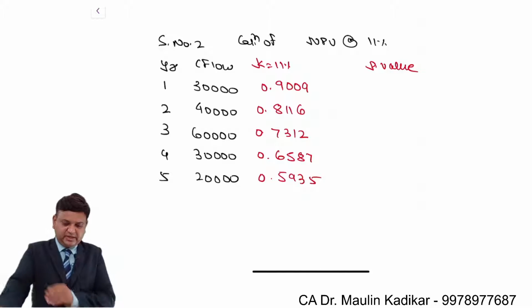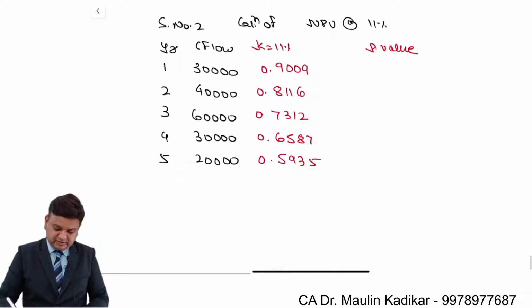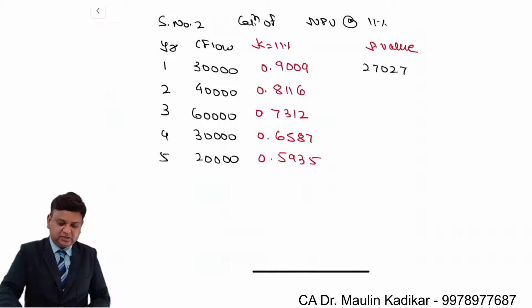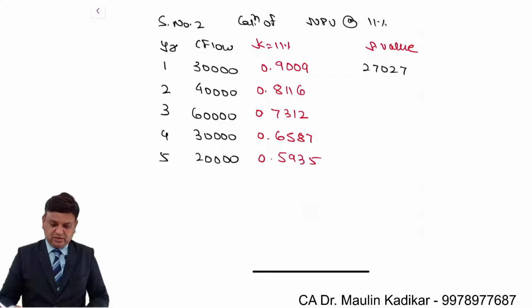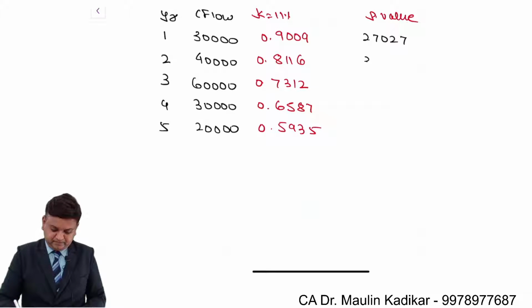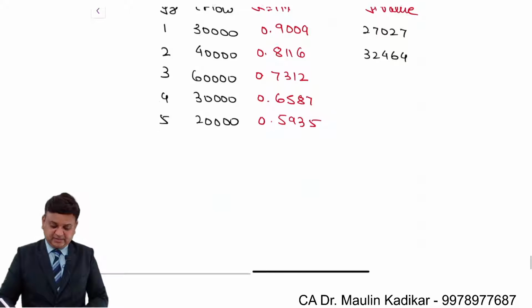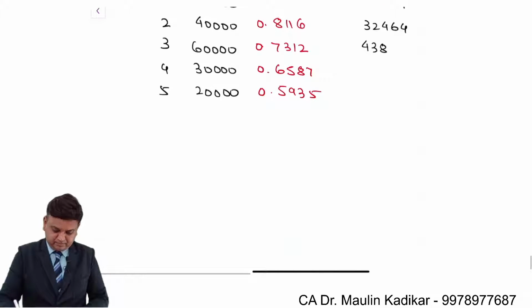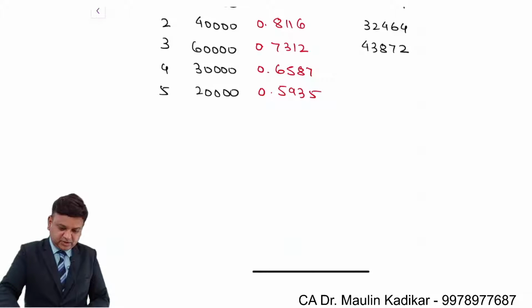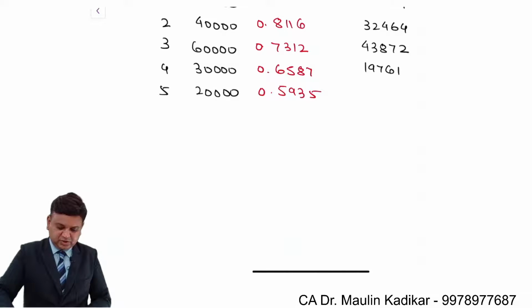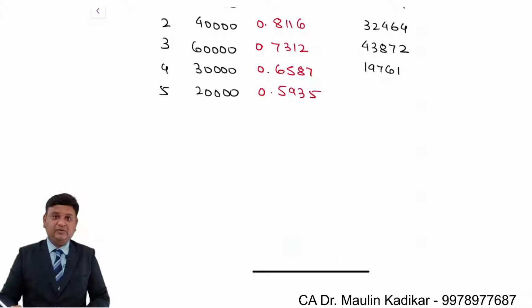30,000 into 0.9009, so 27,027. 40,000 into 0.8116, 32,464. 60,000 into 0.7312, 43,872. 30,000 into 0.6587, 19,761. 20,000 into 0.5935, 11,870.